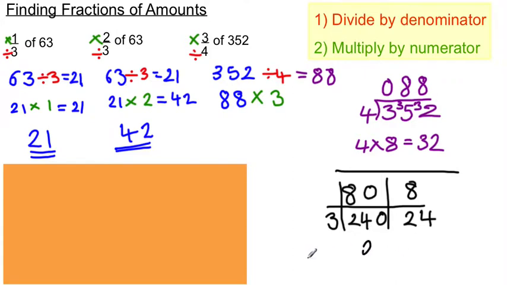So that means that 3 times 88 is 264. So the answer to 3/4 of 352 is 264.